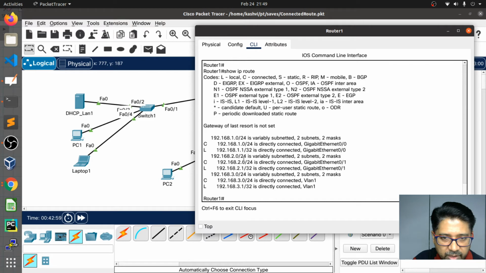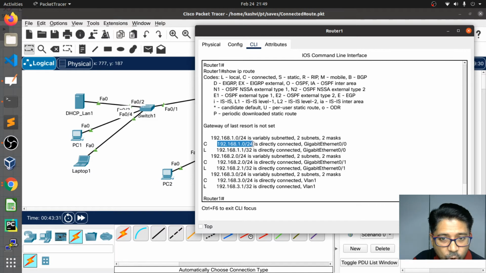So the first line gives a brief about the network for the entire family: 192.168.1.0/24. This is the entire network ID, the entire family of the network. Having connected with this means the entire family is connected with this.